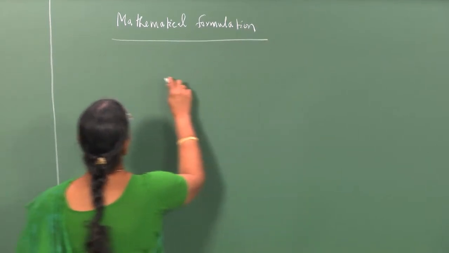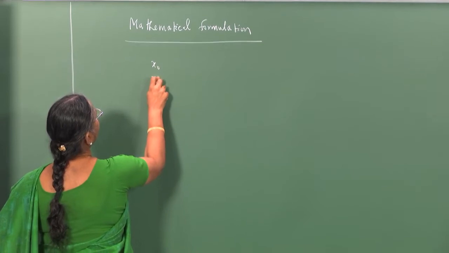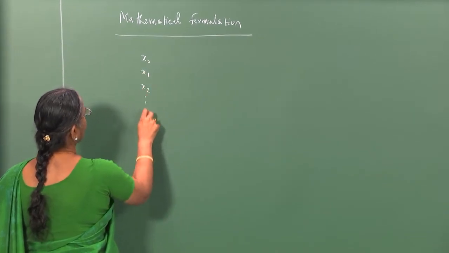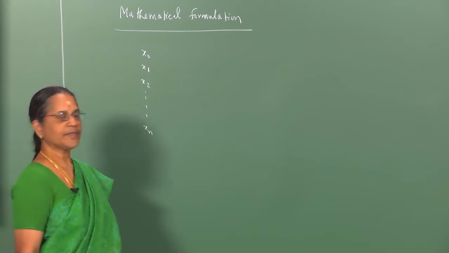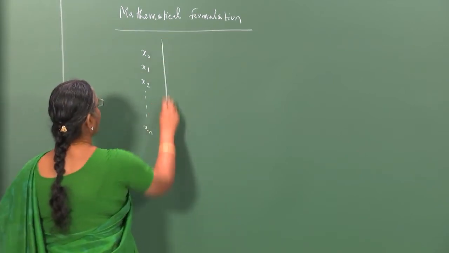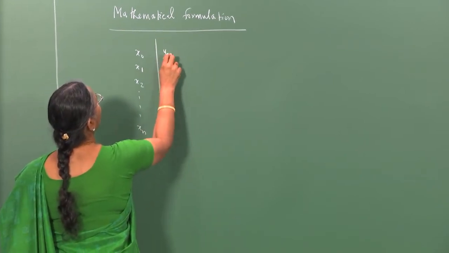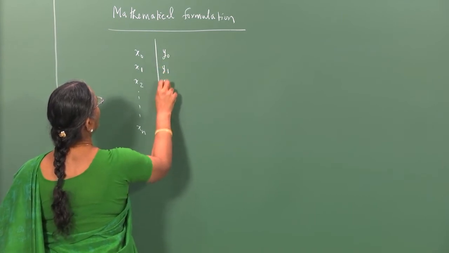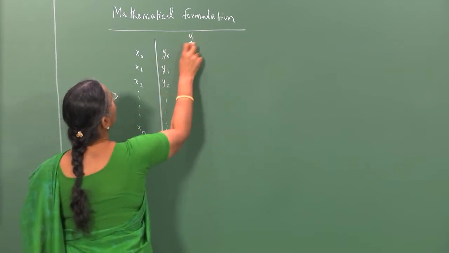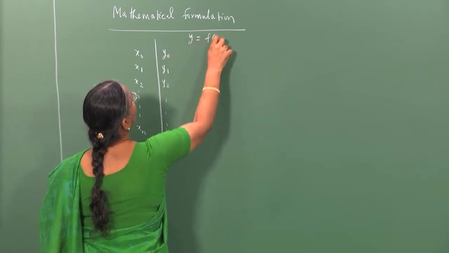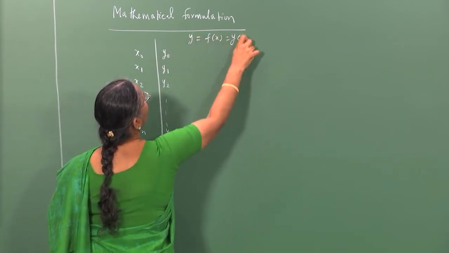We are given a set of discrete values, say at points x0, x1, etc., xn, and the corresponding values are say y0, y1, y2, etc., yn of some function y equal to f of x.